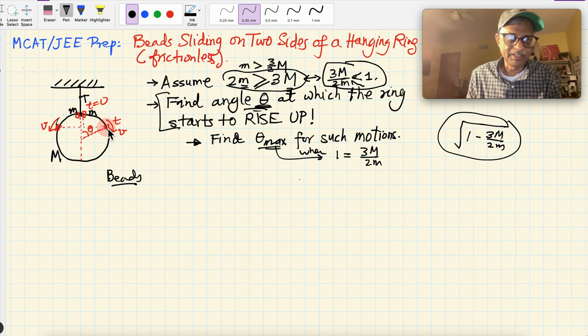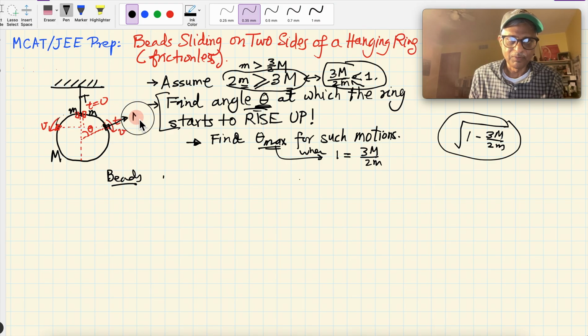So let's look at some arbitrary angle theta, whether this happens or not. It's just an arbitrary angle theta. So this is a V at some time t. If you look at the forces on the bead, there's the normal force, which will depend on theta, and this mg, little mg.